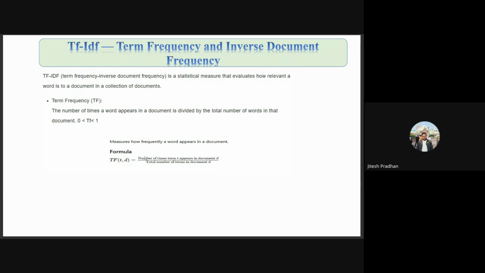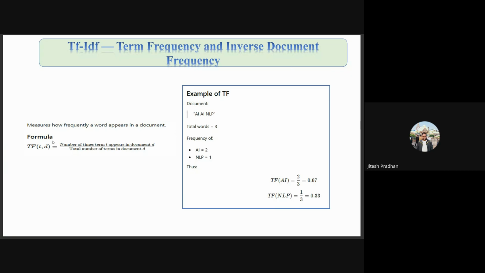That is the term frequency. It measures how frequently a word appears in a document. Okay, now let's take an example. The document is "AI AI NLP". So total words are 3, AI is 2, NLP is 1. So TF for AI is 2/3 and TF for NLP will be 1/3.